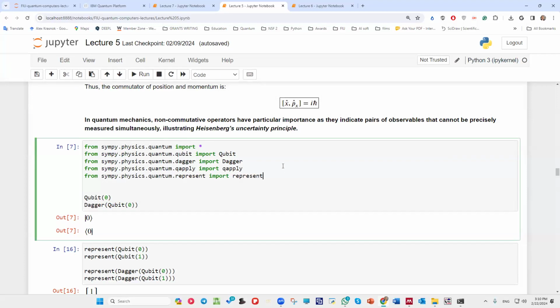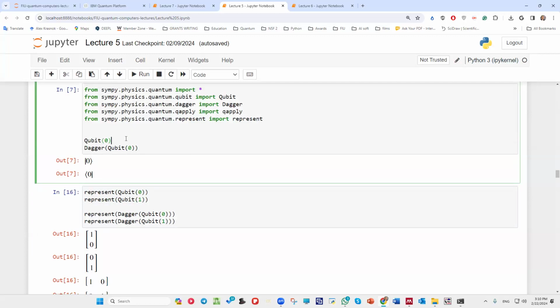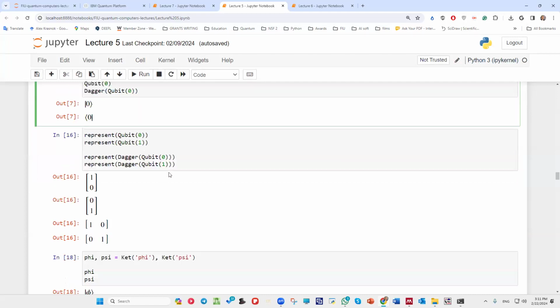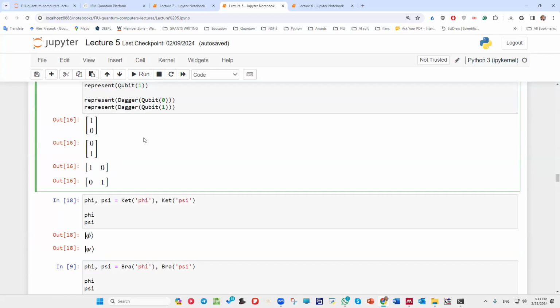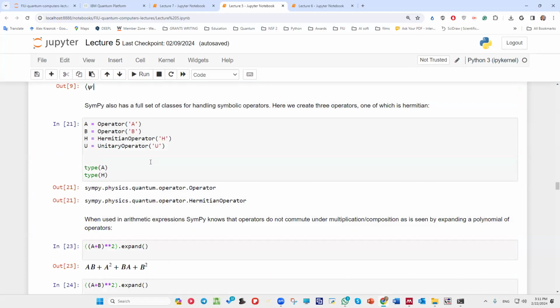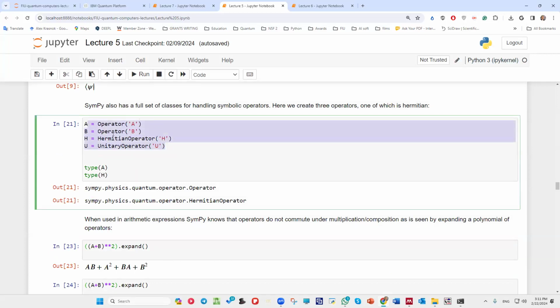Then I introduced you this library SymPy Quantum, which is very useful for symbolic quantum calculations. We discussed how to introduce a qubit and how to take the dagger of the qubit. We also said that these qubits or operators can be returned in their actual matrix form using this represent function. We introduce the operators.